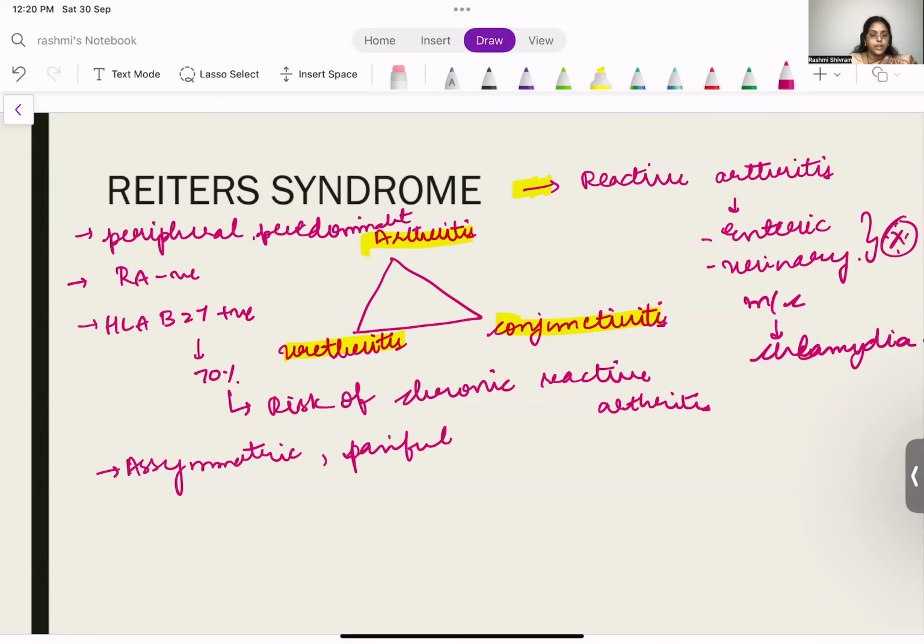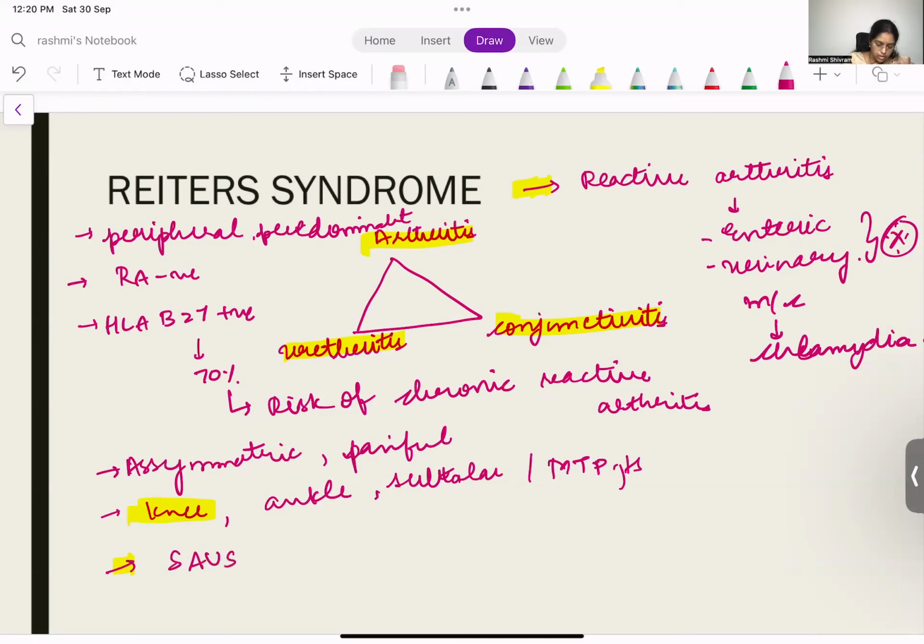The most common joint involved is the knee joint, followed by the ankle, the subtalar joints, or the MTP joints. In this, you have a finding called sausage digits.